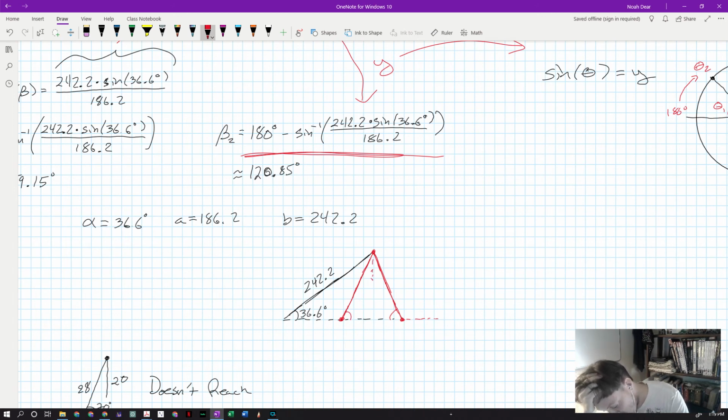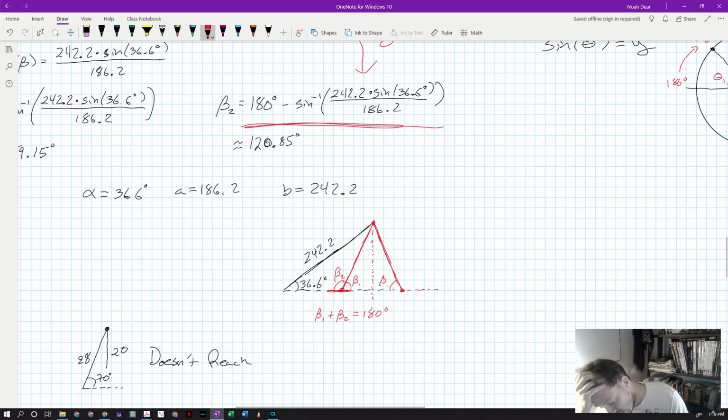This has to be an isosceles triangle right here. This is going to be the straight down. This is beta 1, and then this is also beta 1. And then we have 180 degrees across the bottom here. So beta 2 is right here. So beta 1 plus beta 2 have to add up to 180 degrees. So that means beta 2 equals 180 degrees minus beta 1, or vice versa.